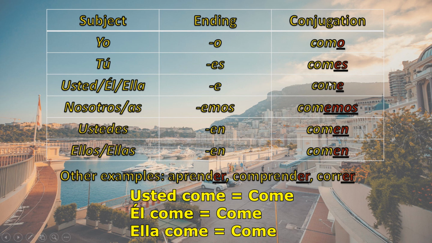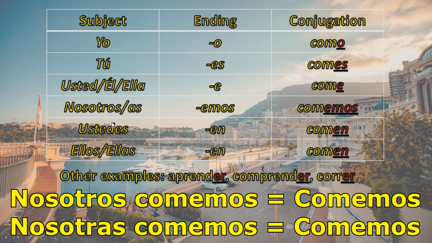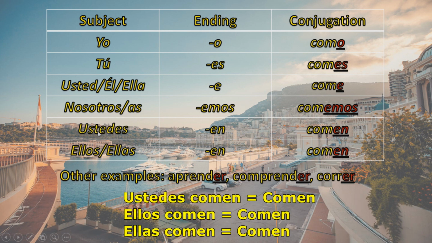Remember that in the case of usted, él, and ella, they share the same conjugation in Spanish. We have said this in previous lessons. We also have nosotros comemos, ustedes comen, ellos comen, ellas comen.